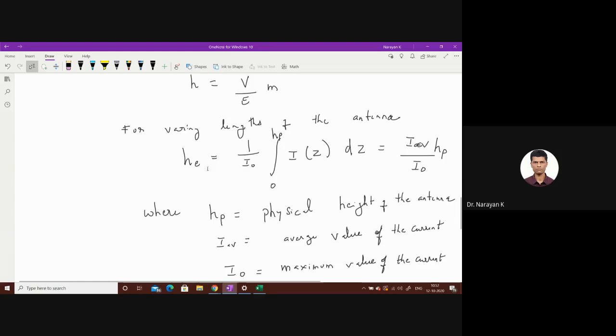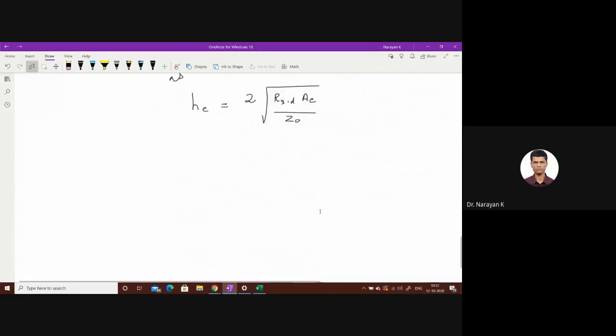Now your effective height of the antenna depends upon your current distribution. I'll give you two examples. Suppose this is your current I of z. This is in the z direction, that is why it is called I of z.